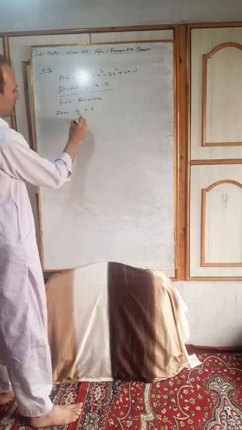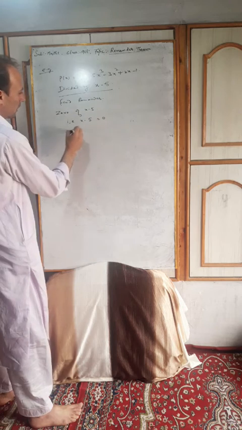That is, x minus 5 is equal to 0, which implies x is equal to 5.